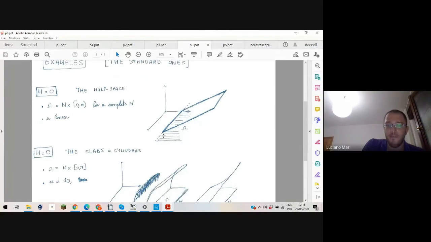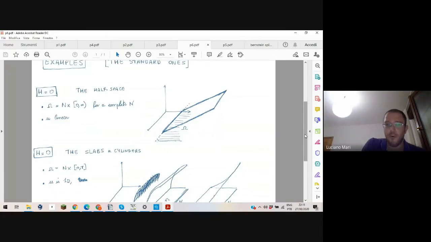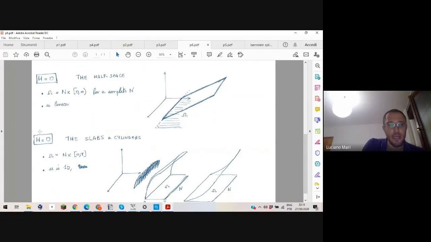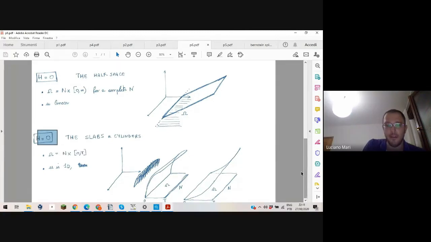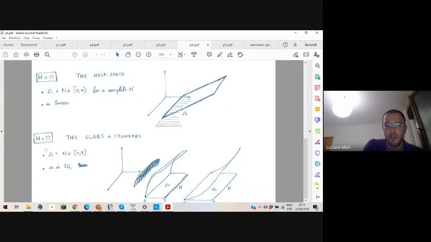The half space. In this example, our domain omega splits as a boundaryless complete manifold N cross 0 plus infinity, and the graph is linear. Okay. But for h non-zero, we have the slabs and cylinders. So omega still splits as N cross 0 to t for some bounded interval, and u is 1D, and it's circular.